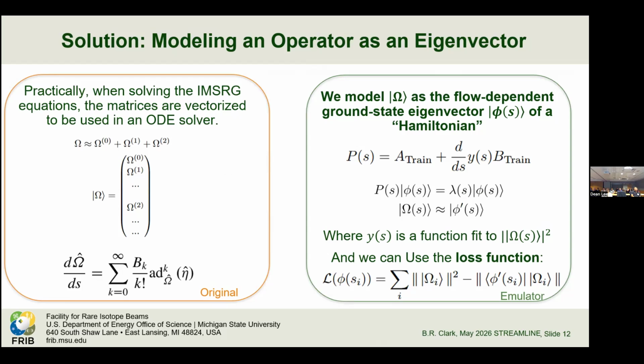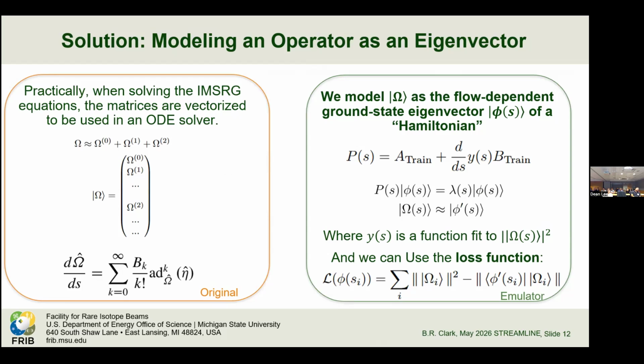So in practice, when we're solving this differential equation, we vectorize the elements of our operator, and then we plug this into a general ODE solver. And basically we just try to model this vector as a function of your flow parameter S. You can think of this as a time-dependent Hamiltonian, but it's just a matrix problem with a dynamic part.